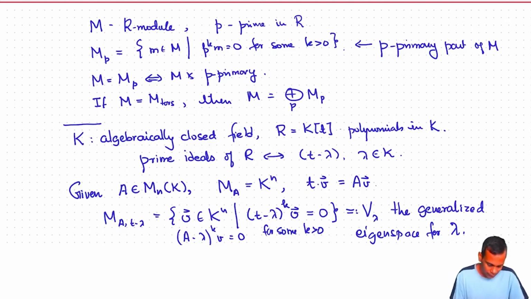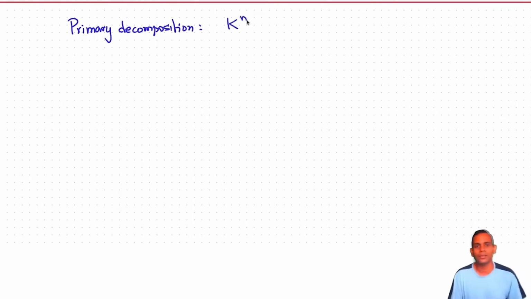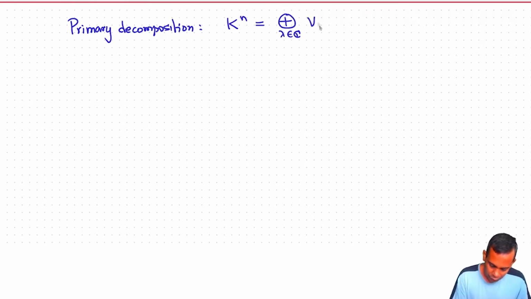And so now what the primary decomposition says is that this vector space K^n on which the matrix acts is a direct sum over lambda in C of V_lambda.